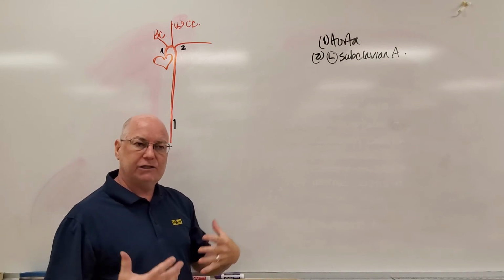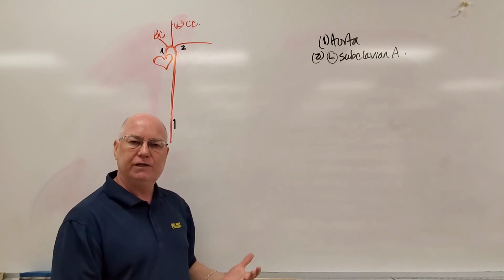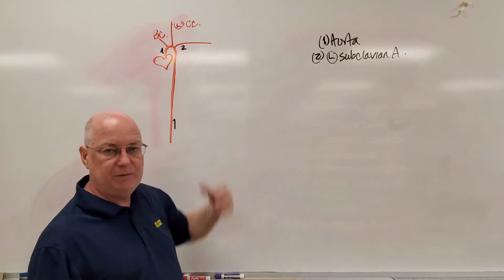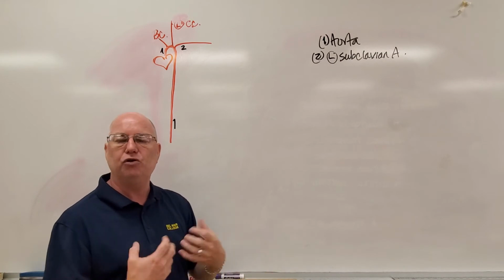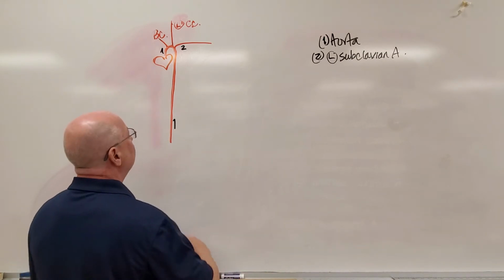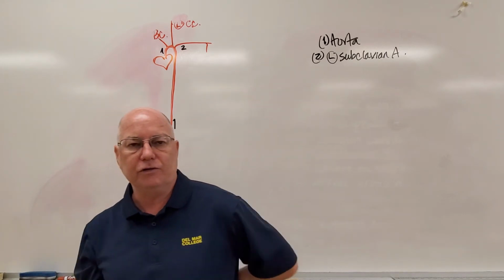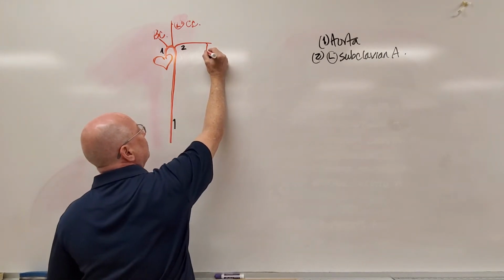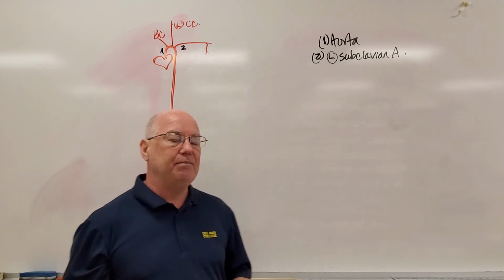For my class, for lower levels of A&P, some of these vessels are not on your list of things to know, or else we could spend 2 weeks studying just the vessels in the arm. There's so many smaller branches. But there is a branch that comes off here and would run underneath your clavicle called the subclavian artery. Underneath the scapula called the subscapular artery.